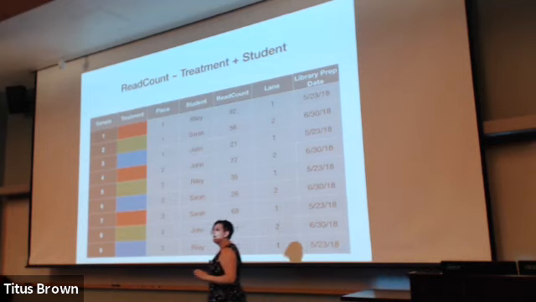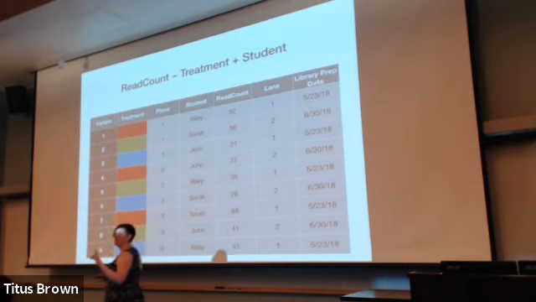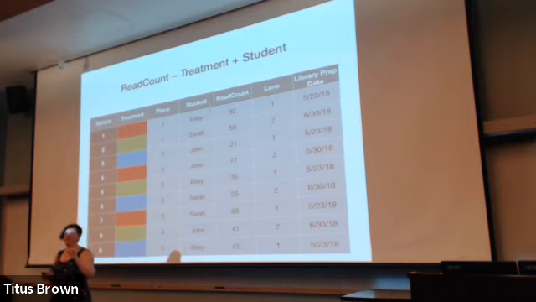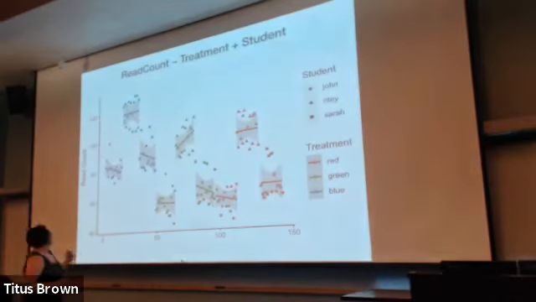All right. How many lines do I expect to be plotting now? How many lines? 9. So if I plot read count by treatment by student, I get 9 averages. Yes?